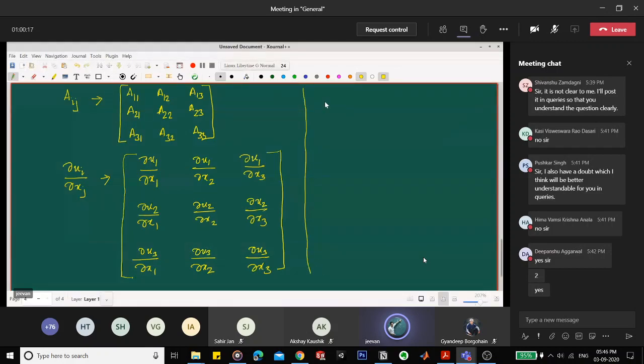Suppose you had something like del U Q del X P. There is a temptation to arrange the indices in alphabetical order, and that would be completely wrong. Just because in the alphabetical list P is coming before Q and I is coming before J, that is not the reason why we should take one as the first index and the other as the second index. Because this thing is coming in the numerator, that is why the Q should be the first index and this P should be the second index. I hope that much is clear to you.